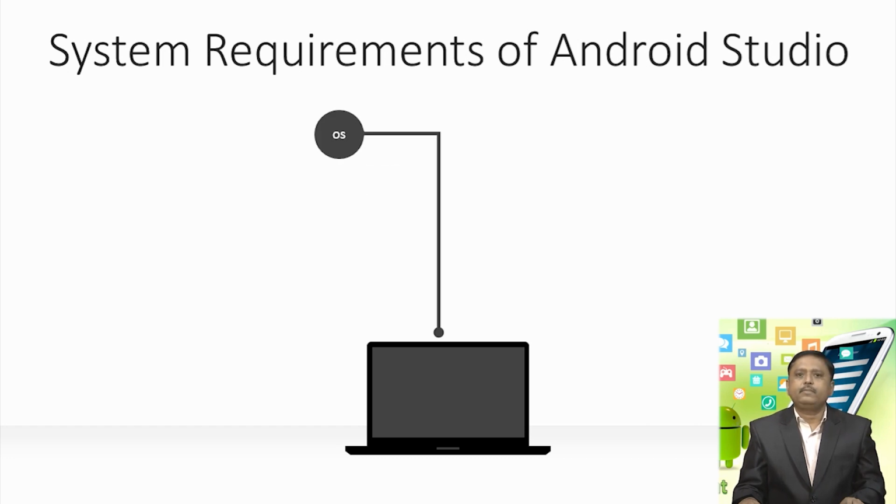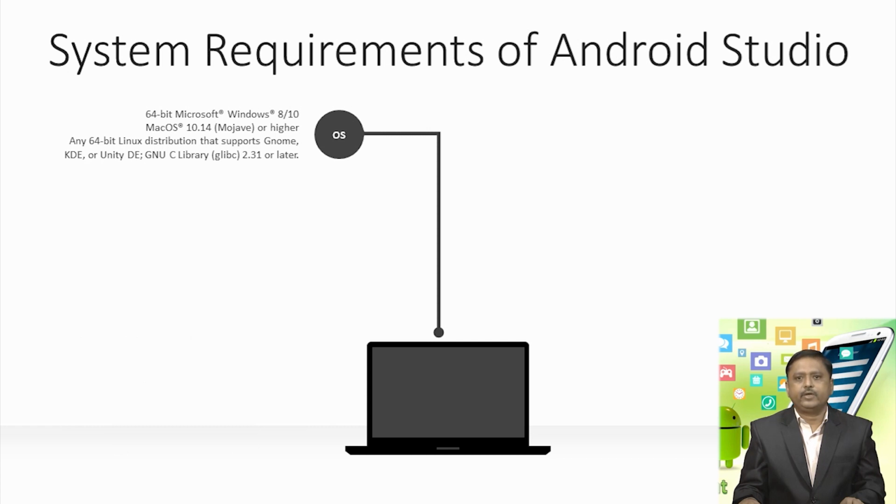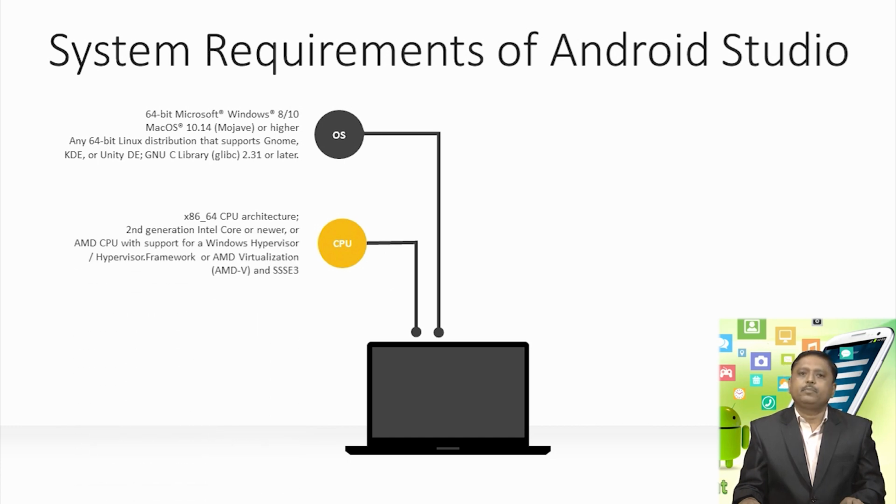So, system requirements for Android Studio. If we talk about operating system, you require 64-bit Microsoft Windows 8 or 10 operating system, x86 or 64-bit CPU architecture, second generation Intel Core or newer, or AMD CPU with support for Windows Hypervisor.